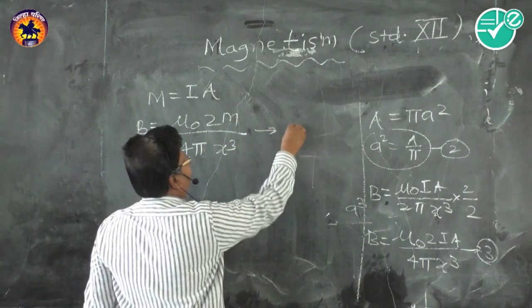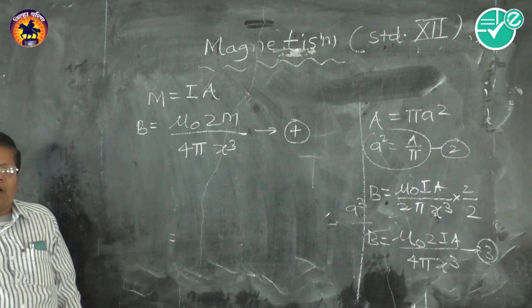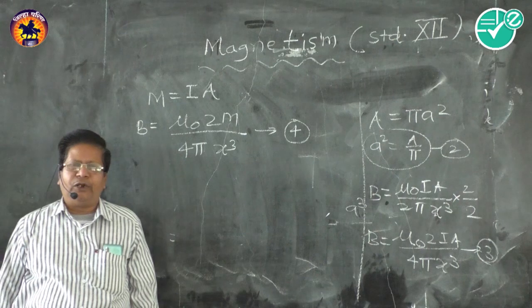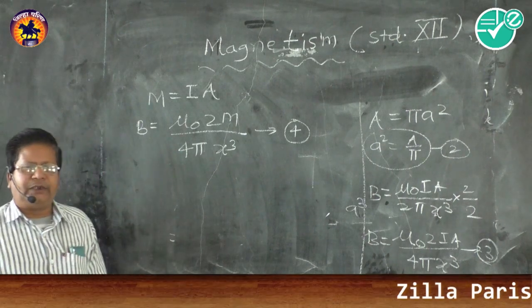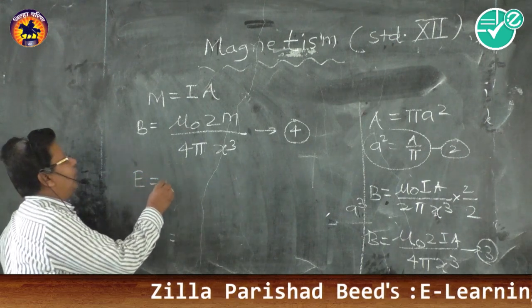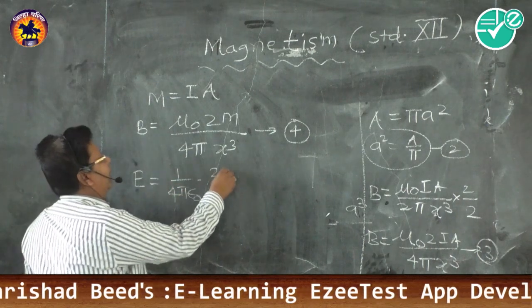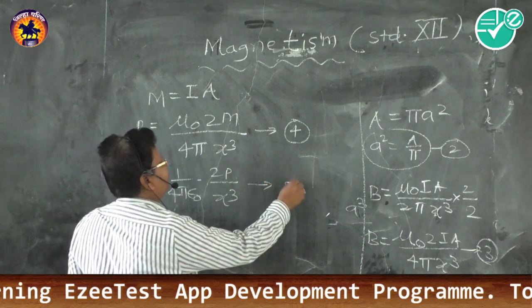This is equation number 4. Again we know that in electrostatics, the electric field at a point on the axis of the electric dipole is given by the formula E is equal to 1 upon 4 pi epsilon 0 into 2p divided by x cube. Say this is equation number 5.